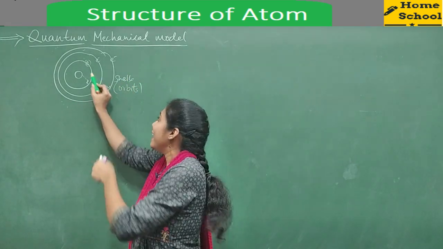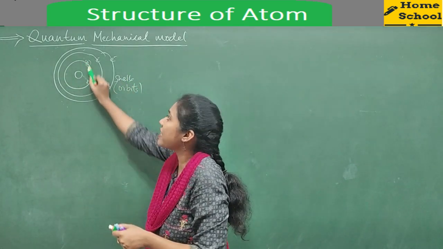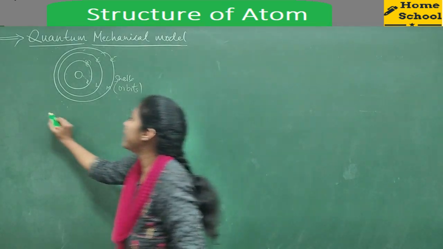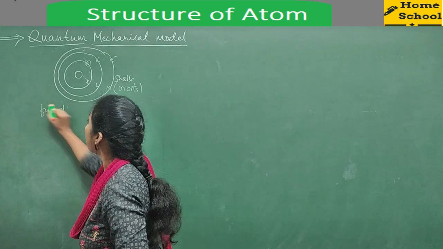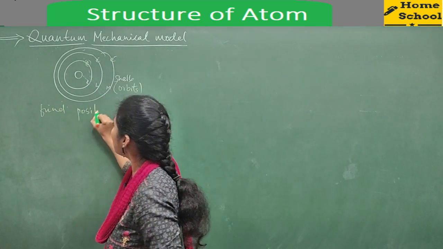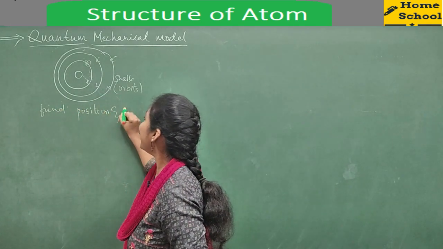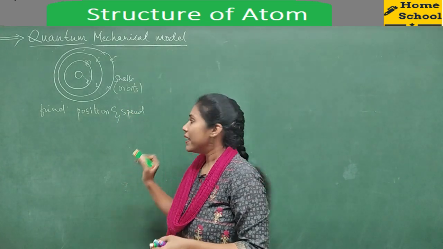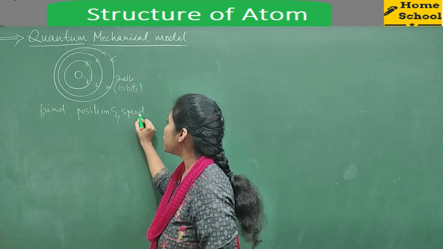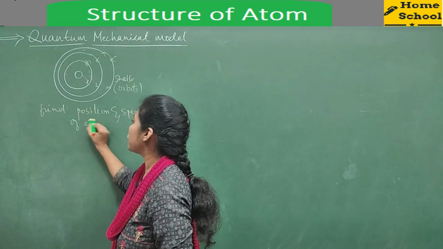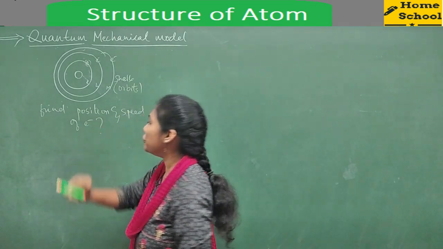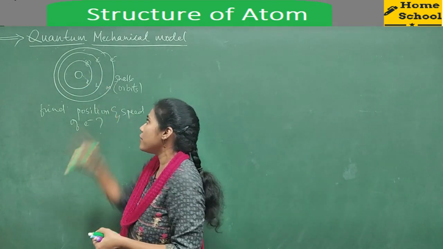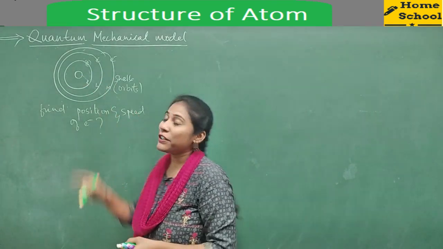You know that the electron is moving in this fixed orbit with a certain speed, and I am asking you to find the position and speed of the electron. So how do you find out the exact location and the speed of an electron?